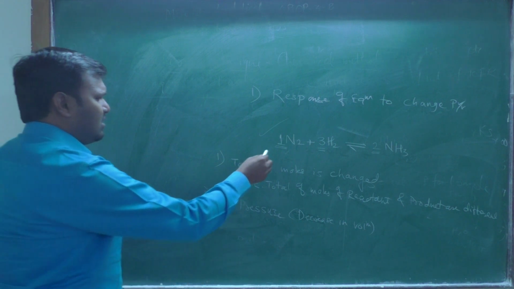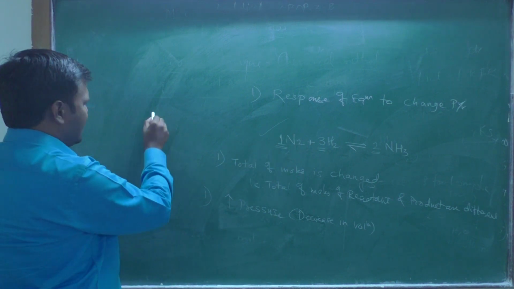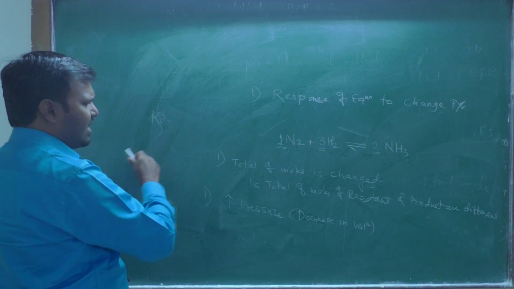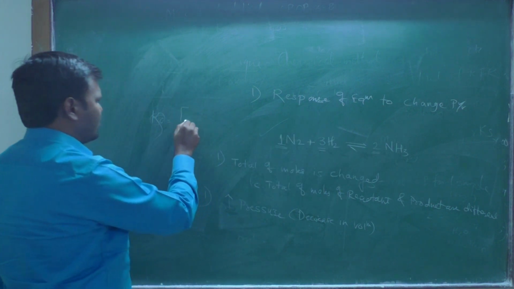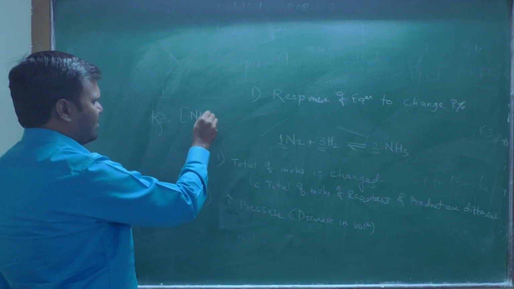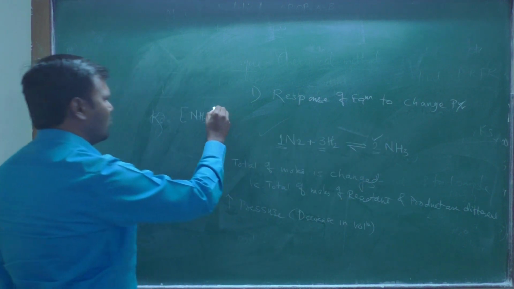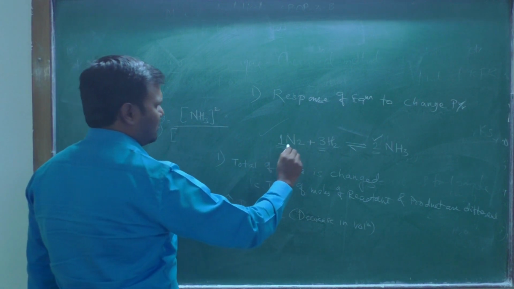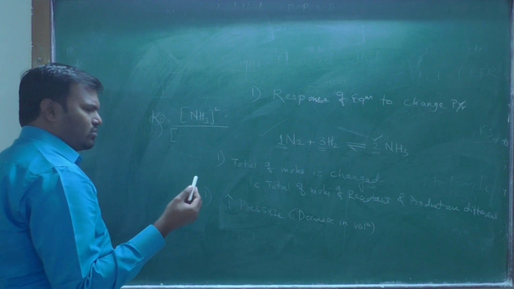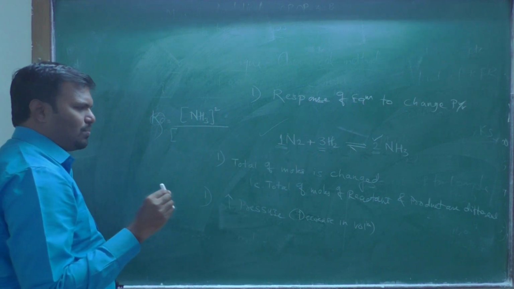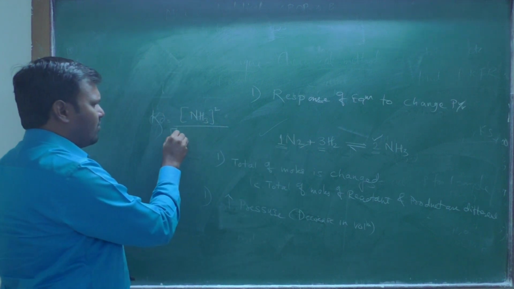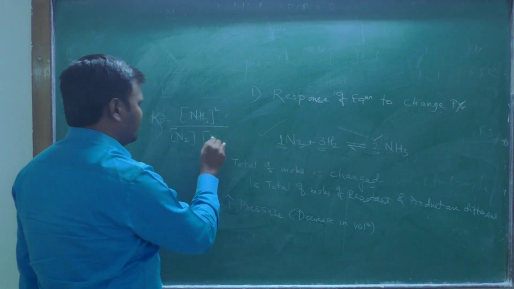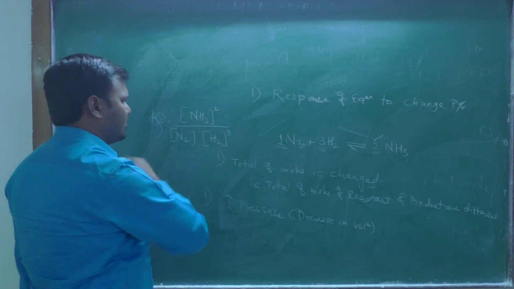For this reaction we can give the reaction quotient Q as NH3 raised to its stoichiometric coefficient 2, upon the product of the concentrations of the reactants raised to their appropriate stoichiometric powers, therefore N2 raised to 1, no need to write the 1, then H2 raised to 3.